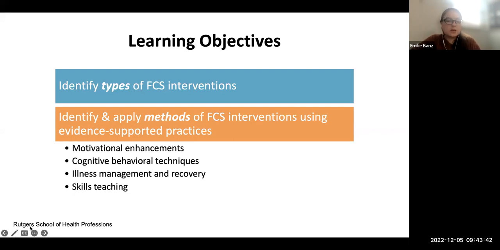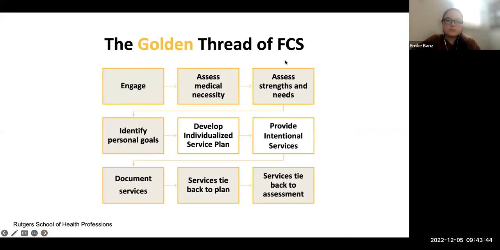All right, let's get going. So if we're going back to this golden thread of foundational community supports, in looking at the golden thread, we're in this area in between the development of the individualized service plan and the provision of intentional services.